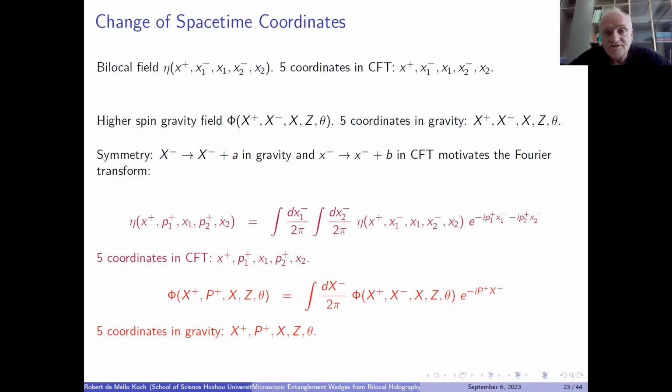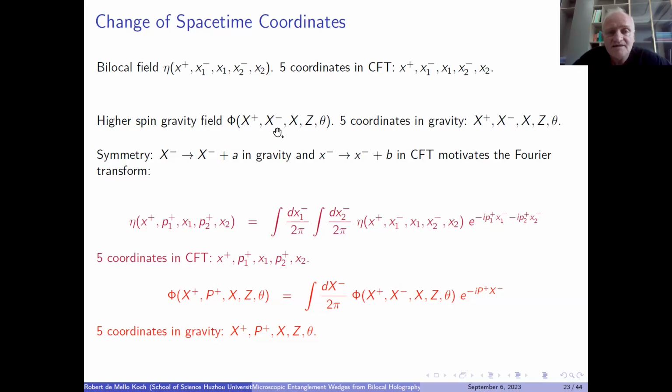So just before I show you what change of coordinates accomplishes that, I want to do one change of coordinates. The bilocal field in the CFT depends on x plus, x1 minus, x2 minus, so 5 coordinates. But there's a symmetry under shifting x minus. So I can do a Fourier transform on x1 minus and x2 minus, and in the process, I will trade x1 minus for p1 plus and x2 minus for p2 plus.